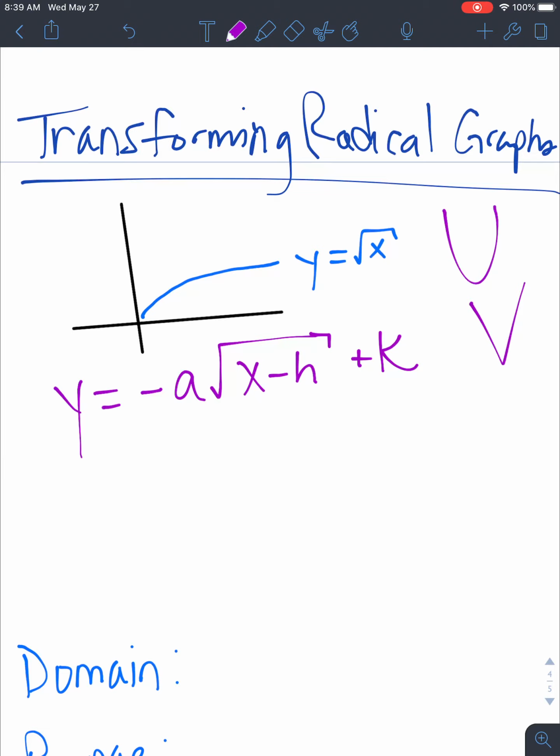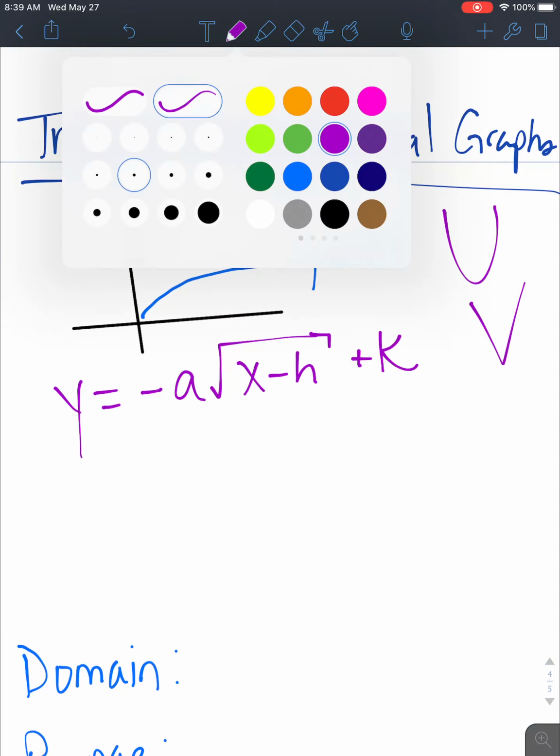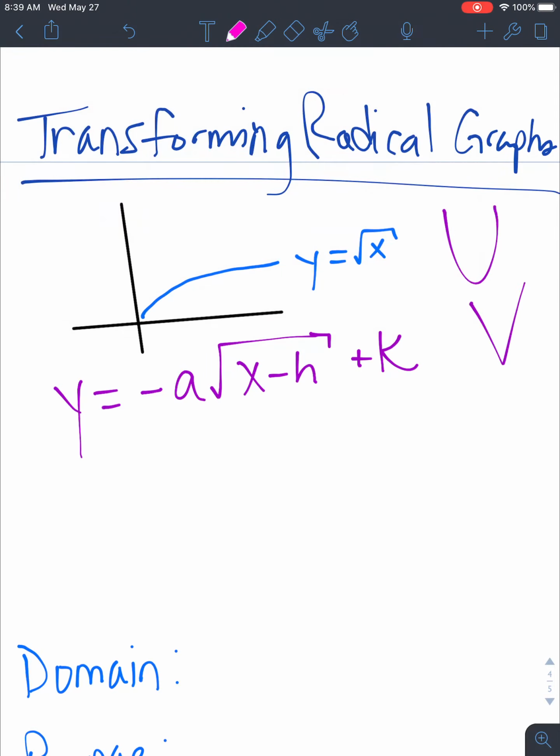So you see that in blue I have written y equals the square root of x. That's our base function, our most basic parent function. But then we had lots of things to go with it. So our most general form of our y equals square root of x equation is y equals negative a times the square root of x minus h, plus k. Remember, this negative sign is a reflection.